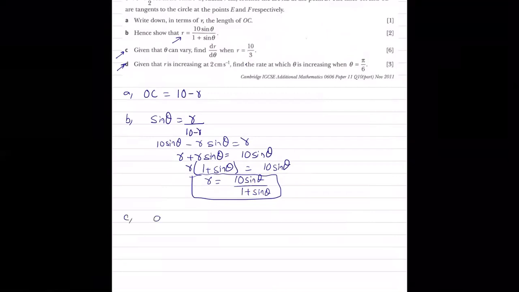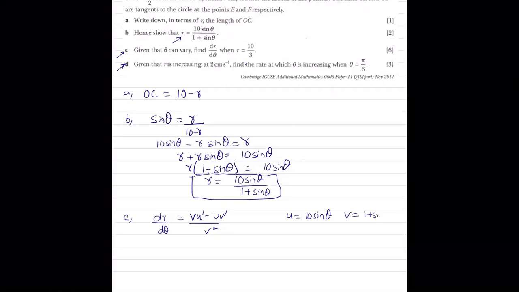So dr over d theta is going to be equal to vu prime minus uv prime over v squared. u becomes 10 sine theta, v is 1 plus sine theta. Differentiation of 10 sine theta is just 10 cos theta.